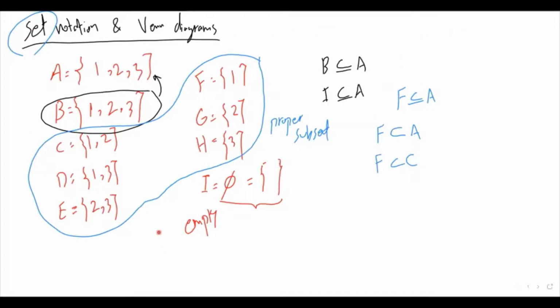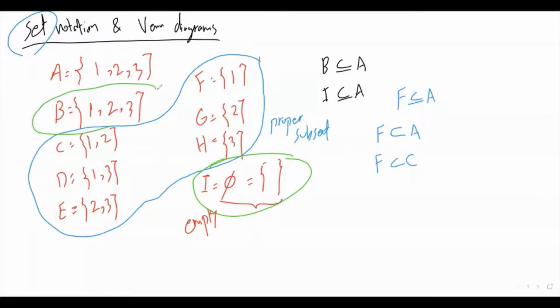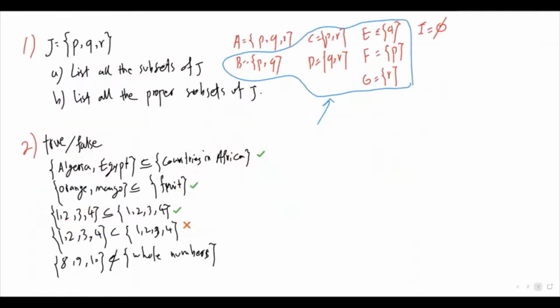So these two guys right here, the empty set, as well as set B, which contains all the elements of set A, these two cannot be the proper subset of A, right? So having said that, this is wrong. And lastly, 8, 9, 10 are not a proper subset of whole numbers, and that is wrong as well because they are a proper subset of whole numbers, right? So they should have changed this to this.